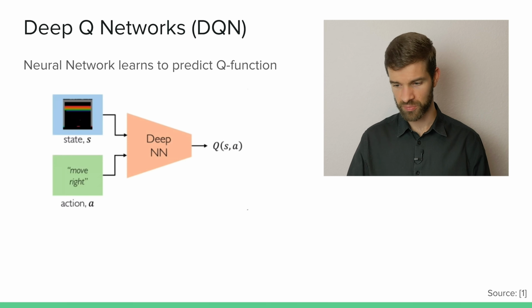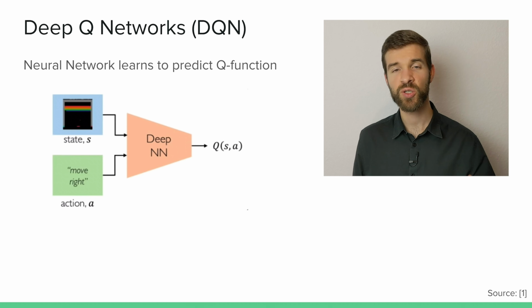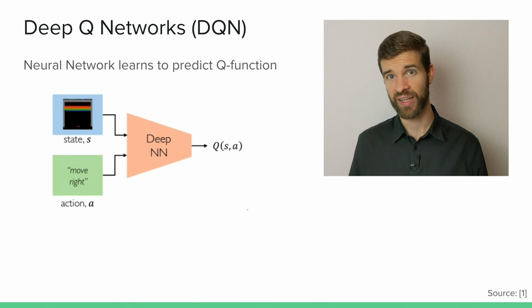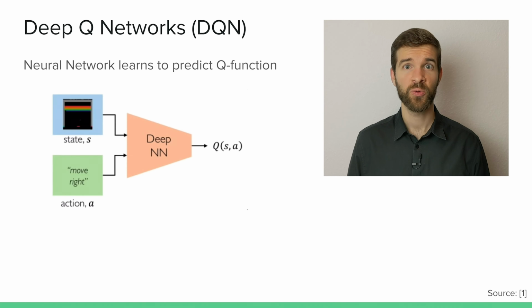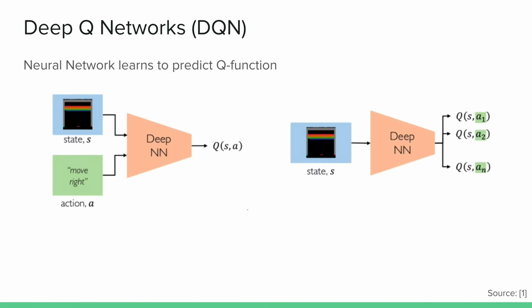When you think about this architecture, it's quite costly, because for each possible action that we can take in our environment with our agent, we have to run it through this network. We can do a better job here by reformulating the problem and only feeding in the state S through our neural network and predicting the Q functions for all potential actions that we can take at the same time.